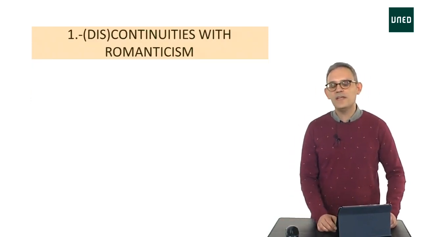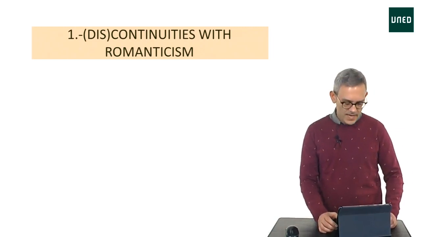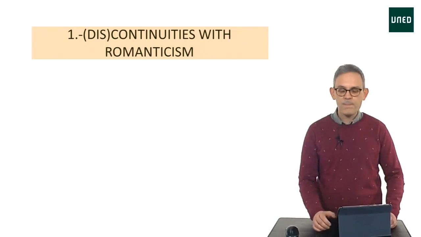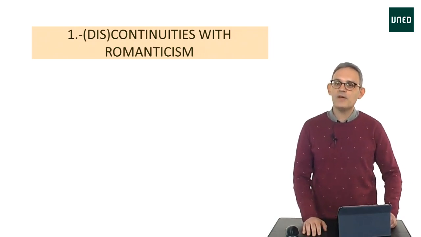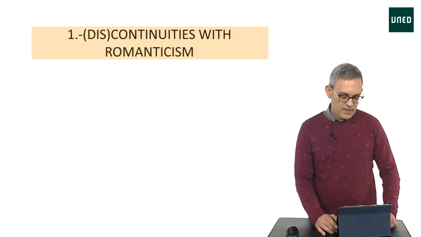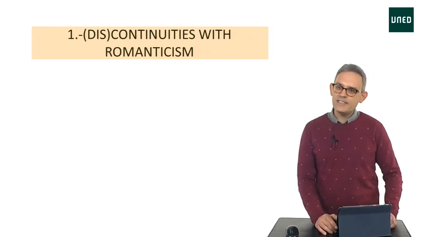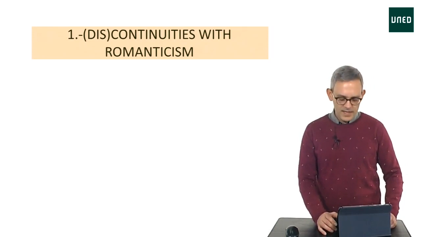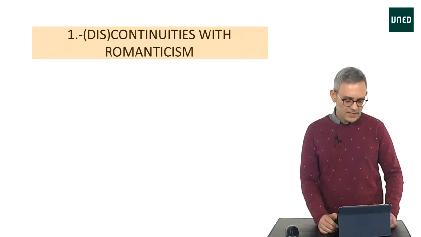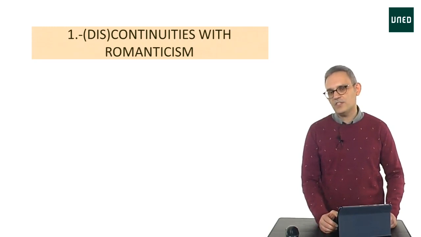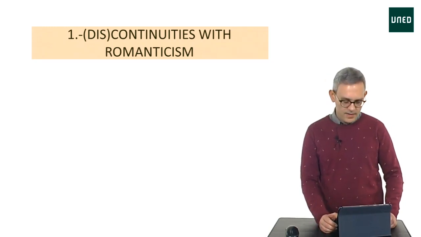So let's begin with continuities and discontinuities with Romanticism. When the Victorian period begins, when Queen Victoria ascends the throne in 1837, only William Wordsworth was still alive from the canonical Romantic poets. As you know, the poets of the second generation had all died very young.